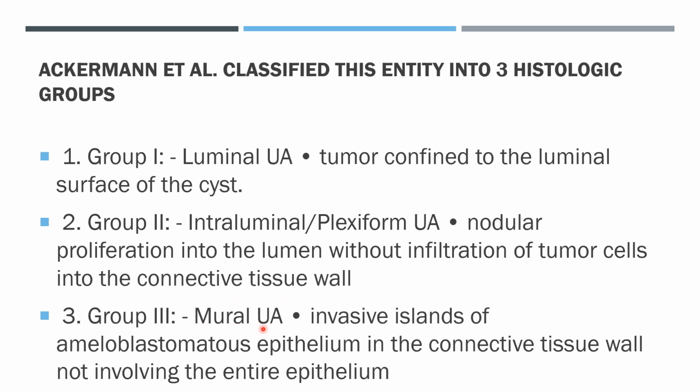Group 3 is mural unicystic ameloblastoma, that is invasive islands of the ameloblastomatous epithelium in the connective tissue wall, not involving the entire epithelium.